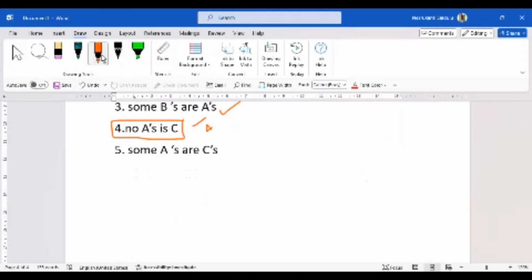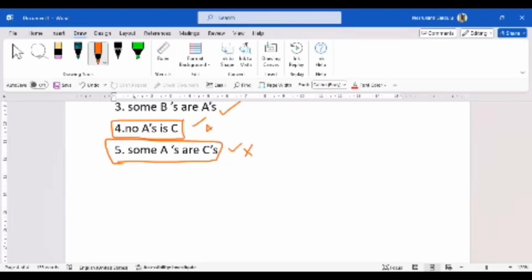So this may be true also, and this may be false also, because there is no connection between the A and C. So this statement is also not 100% sure. So keep quiet.